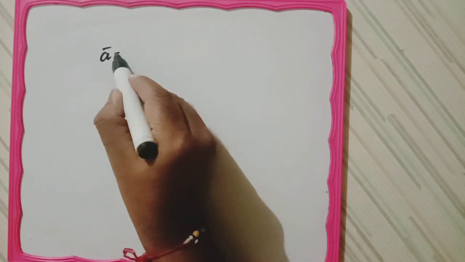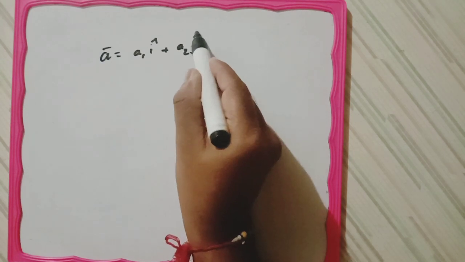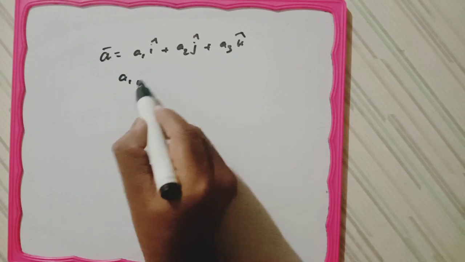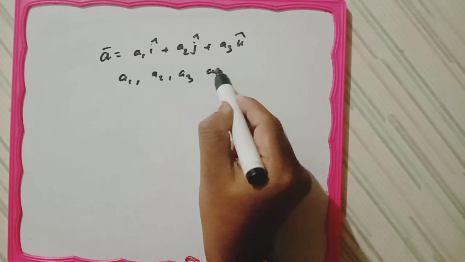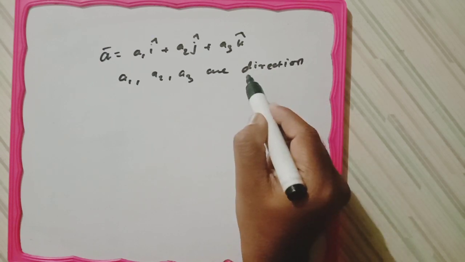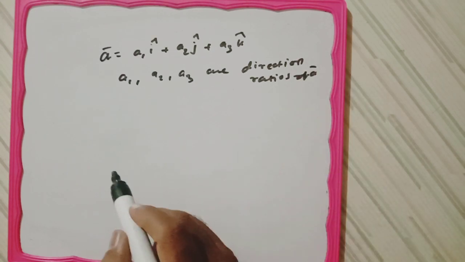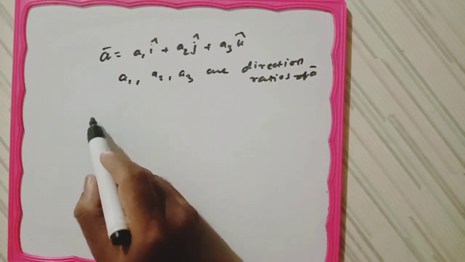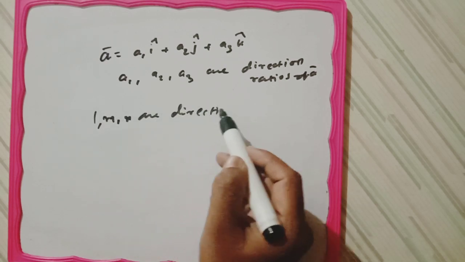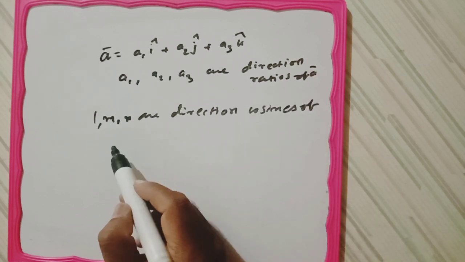Now in the vector a bar equals a1 i cap plus a2 j cap plus a3 k cap, a1, a2, a3 are also known as the direction ratios of a bar. Also l, m, n are the direction cosines of any vector a bar.